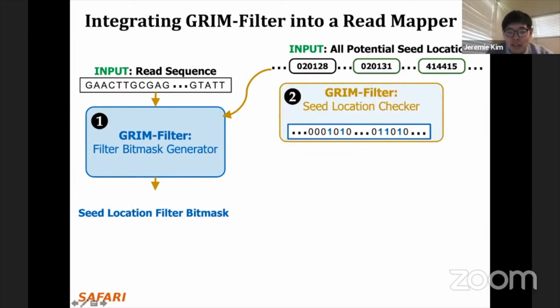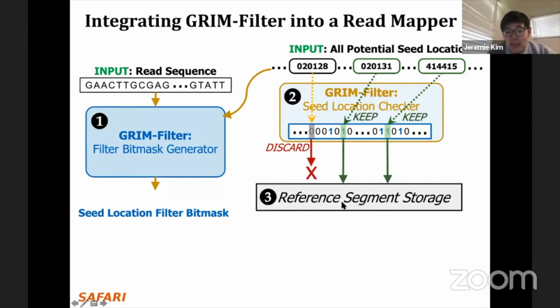So we send this bit mask over to a seed location checker, which compares the bit mask to the potential seed locations, and only passes on the seed locations that pass the checker, which is basically the indices that have a 1. Anyone that has a 0 is discarded.